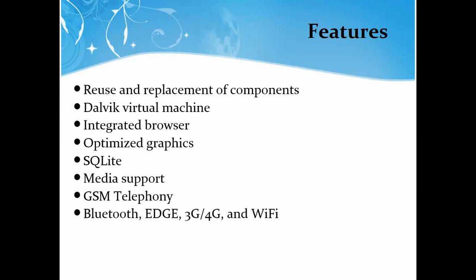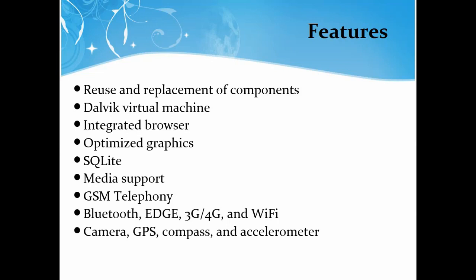Android supports all these things, but again I'm repeating, your manufacturer decides what features to give. You have phones which have only 3G support, and phones which have only 2G support. But right now, whatever phone comes has VoLTE or voice over Wi-Fi; a lot of features have been added now, but it depends on the manufacturer. Android supports all those things: camera, GPS, compass, accelerometer.